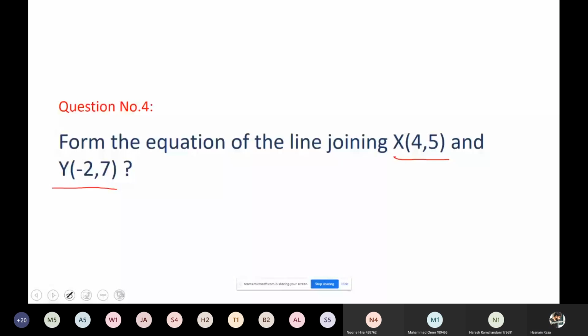Solve this question. Everyone, please try. 4 minutes remaining.